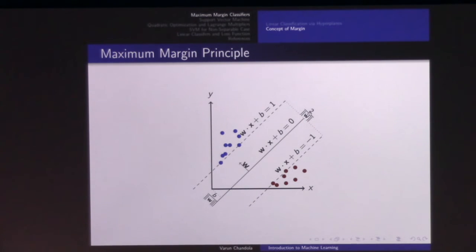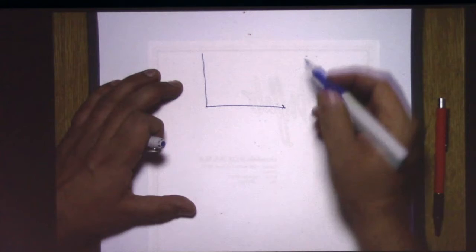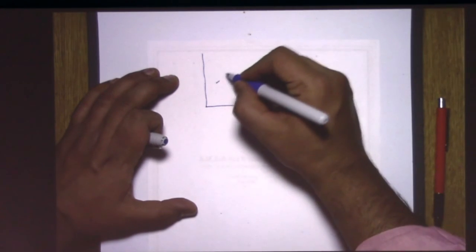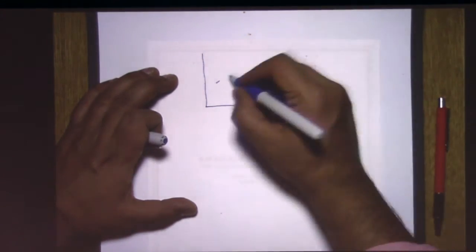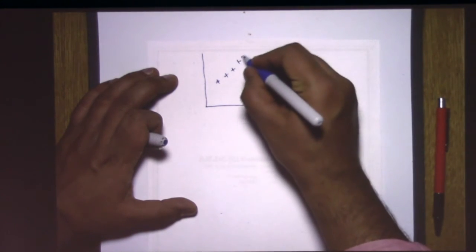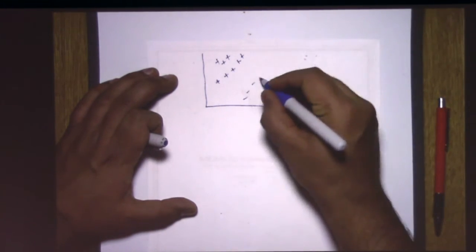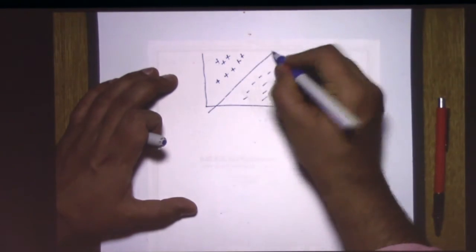So this is what you want. You want to learn a line such that the margin, if you calculate it, will be 2 over the magnitude of w. We can actually easily see that. Let's say I'm just repeating the same diagram here. These are all my positive points, and these are all my negative points, and this is the line that I want to draw.